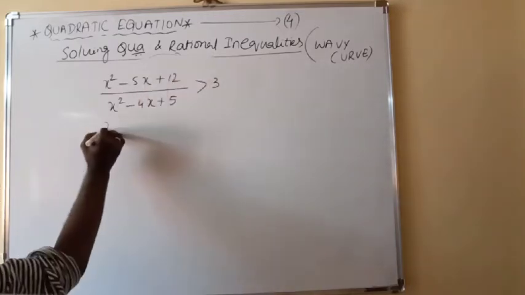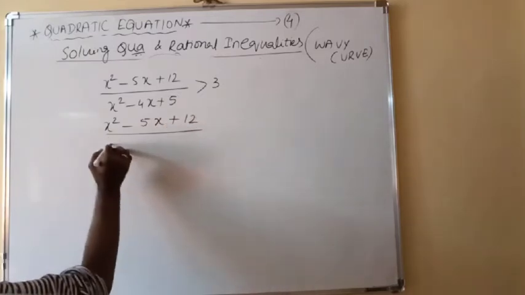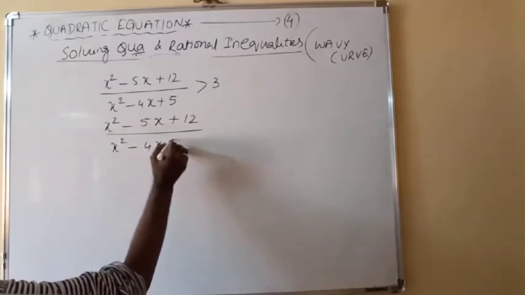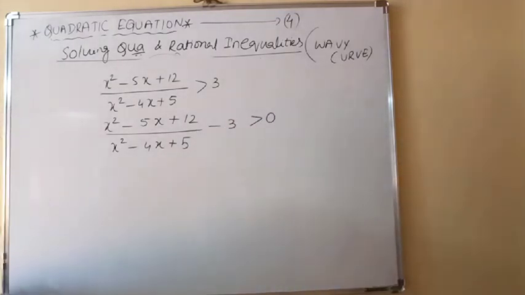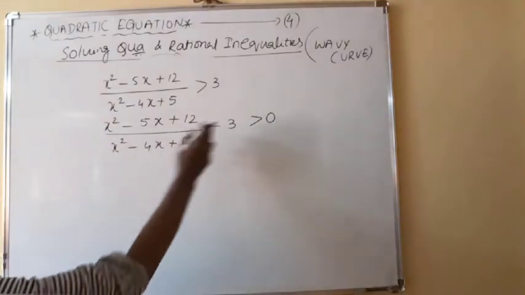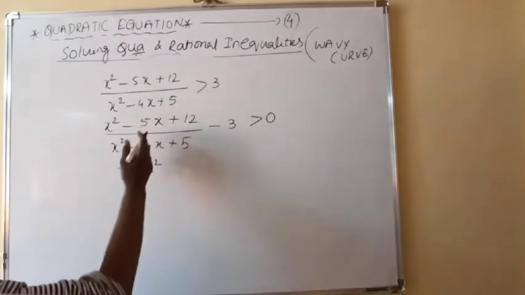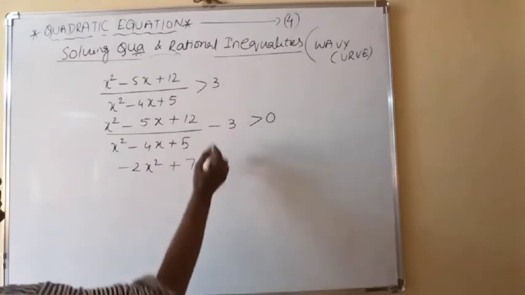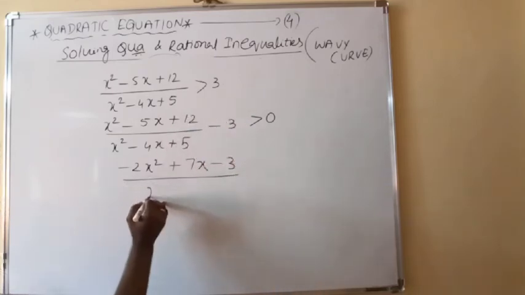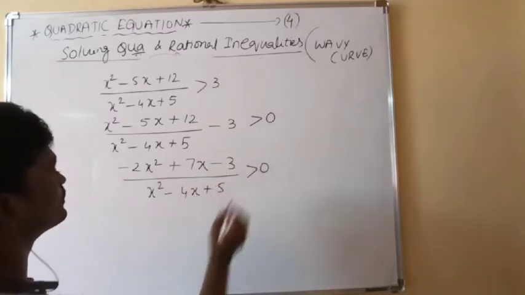Okay, so you rewrite like this: x square minus 5x plus 12 by x square minus 4x plus 5 minus 3 greater than 0. So take LCM and simplify. What you will get? x square minus 3x square, minus 2x square. Okay. Next 5 minus 5x plus 12x plus 7x. So 12 minus 15, minus 3, divided by x square minus 4x plus 5 positive.